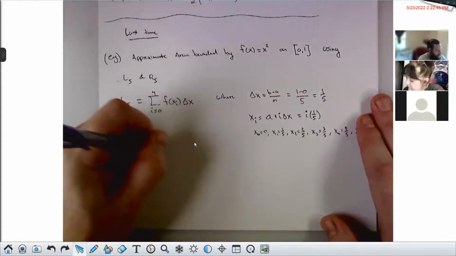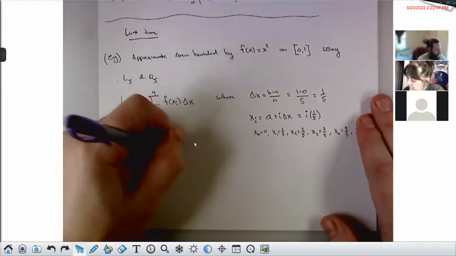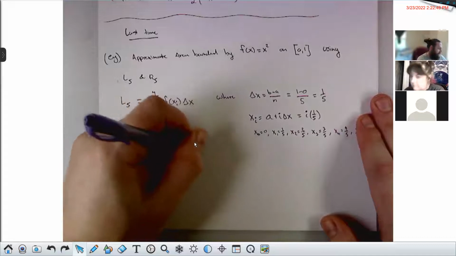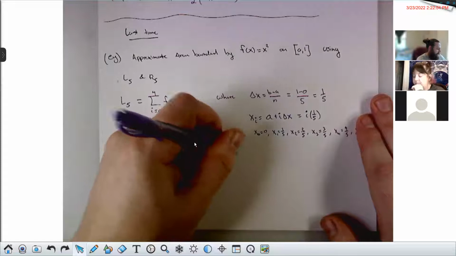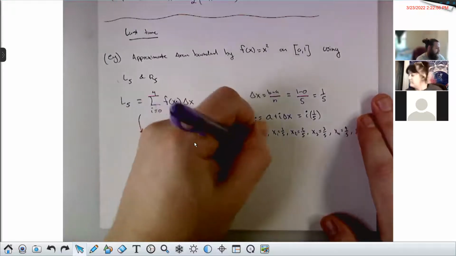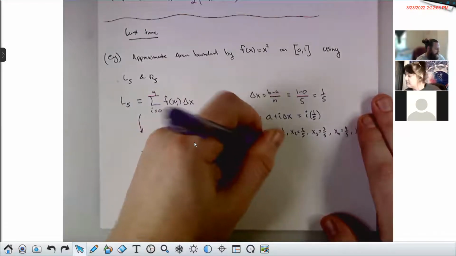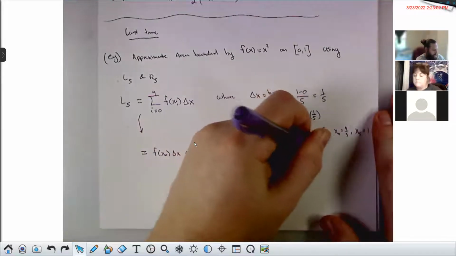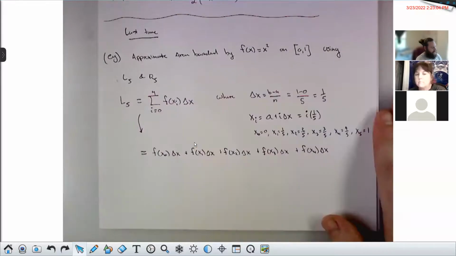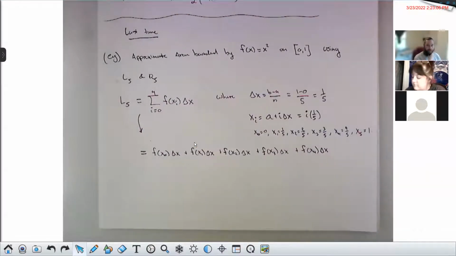So this is f of x0 times delta x plus f of x1 delta x plus f of x2 delta x plus f of x3 delta x plus f of x4 delta x. x0 is 0, x1 is 1/5, x2 is 2/5, and so on.